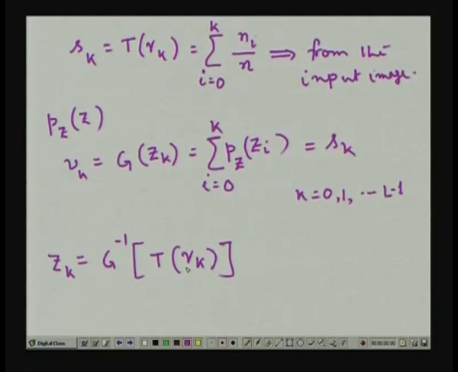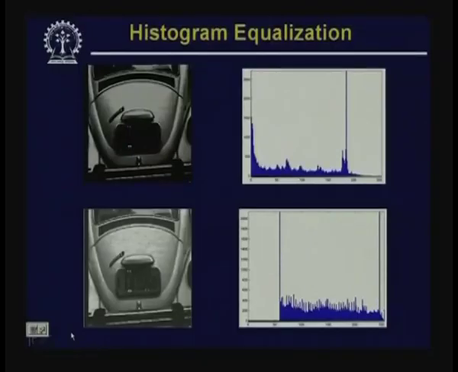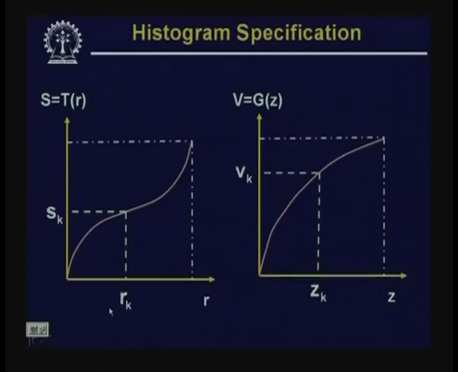Now, let us see what kind of operations we have using this. Here it shows a transformation function T(r), which is obtained from the given image, and using the target histogram we obtain the function G(z).